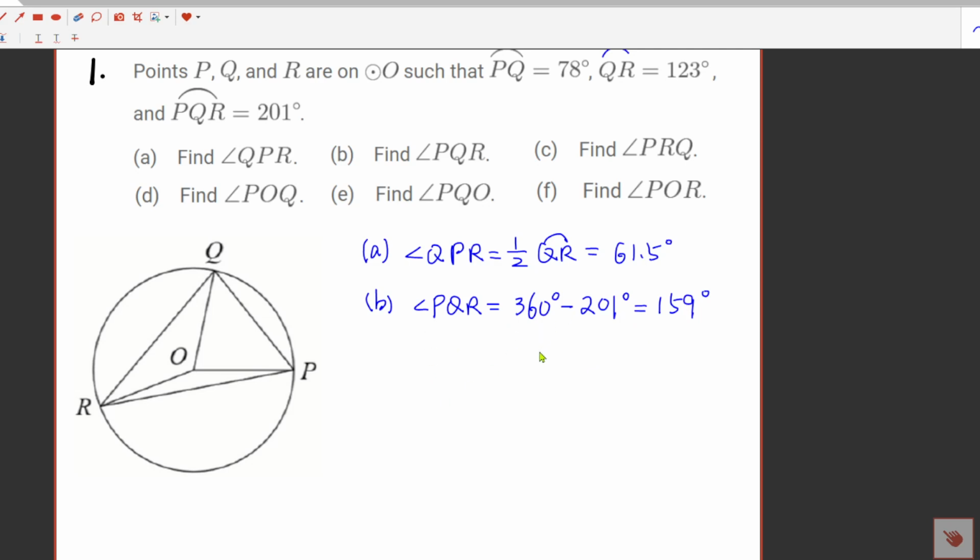That's the measurement of arc PR, and sorry, this should be arc PR. And then we know angle PQR is inscribed in PR, which is 1/2 of PR. And that gives us angle PQR is 79.5 degrees.